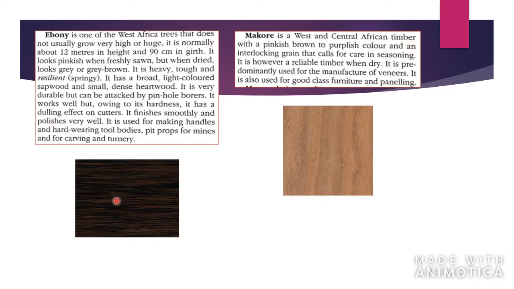Okay, the Makore is a West and Central African timber, and the color of it inside is more of a pinkish brown to purplish color. So if you look carefully, you'll see a little bit of purple right in here and a little bit of pink right in here, and you have the dark brown.